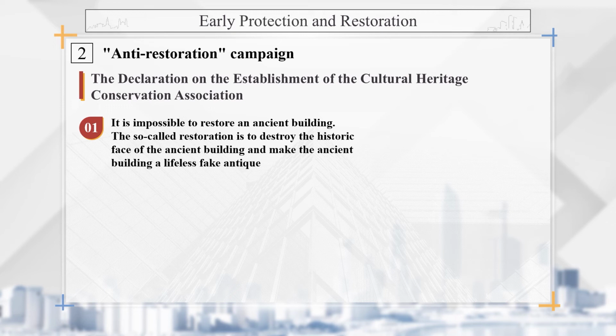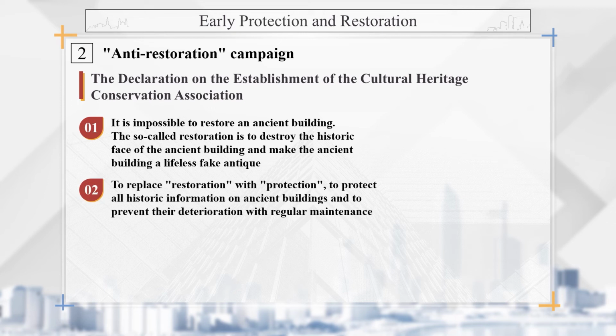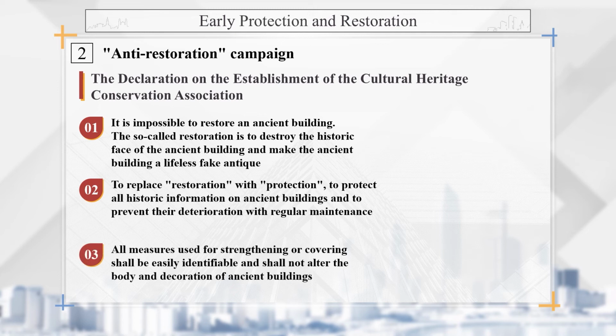Too negative. Second, replace restoration with protection, protect all historical information on ancient buildings, and prevent deterioration with regular maintenance. Too romantic. Third, all measures used for strengthening or covering shall be easily identifiable and shall not alter the body and the decoration of ancient buildings.